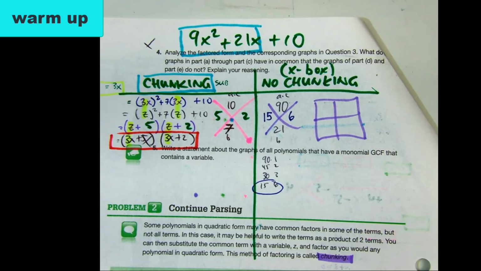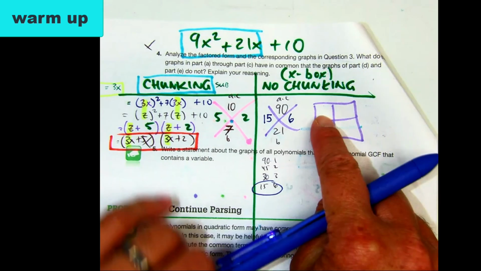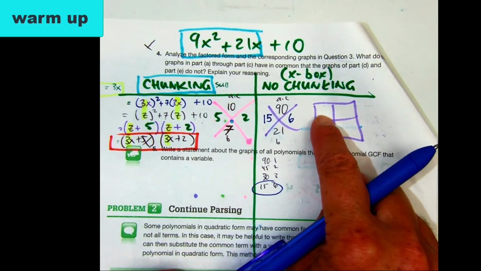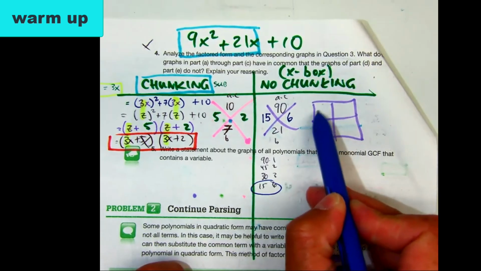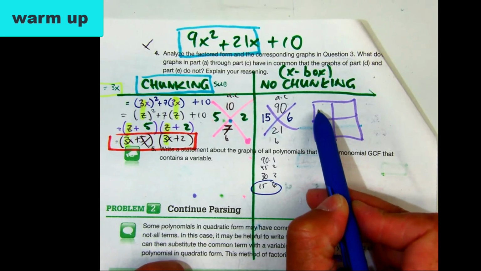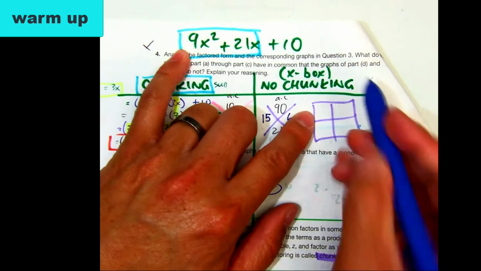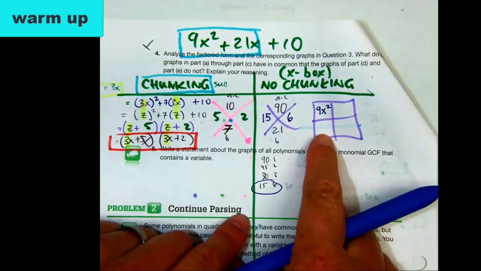Alonzo, what do I write here? On the top here? Nine x squared. Alonzo, what do you put in the bottom left?